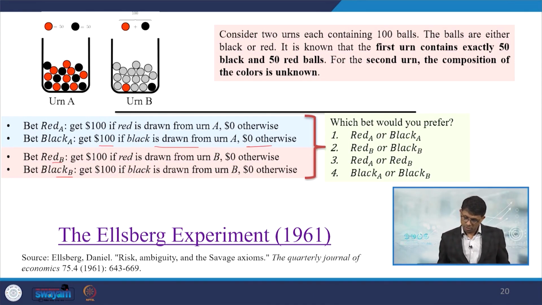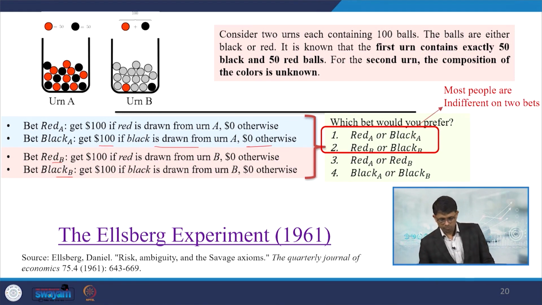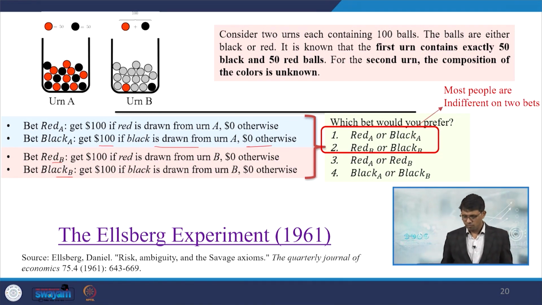Either red A or black A, or red B or black B, or red A or red B. There are all possibilities, black A and black B. So, out of all these, most people prefer red A or black A, or red B or black B, because of its possibilities, and most people are indifferent on two bets.